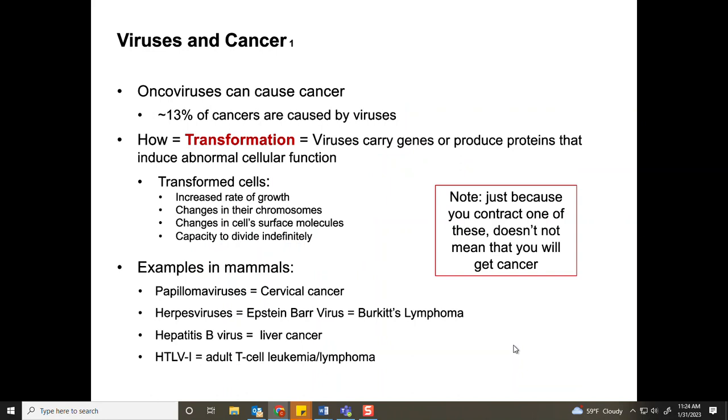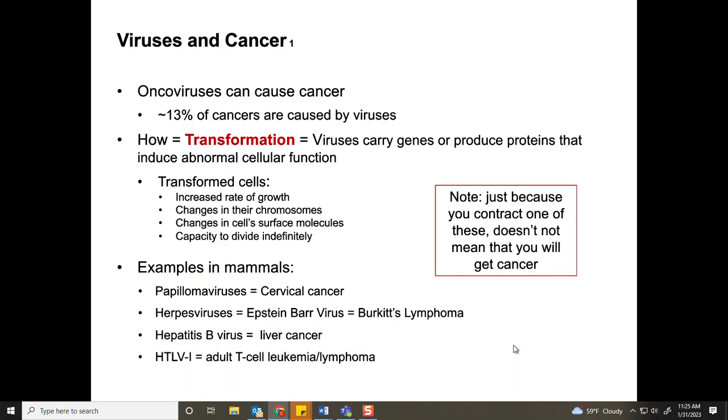Additionally, some viruses are associated with cancer. About 13% of cancers are caused by viruses, in fact. So how does transformation work? Viruses carry genes or produce proteins that can induce abnormal cellular function.